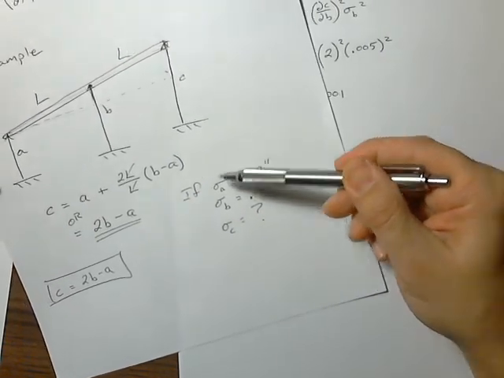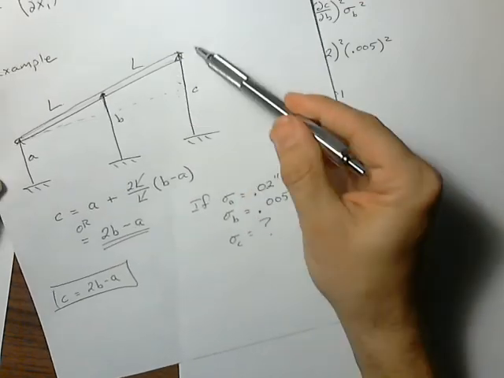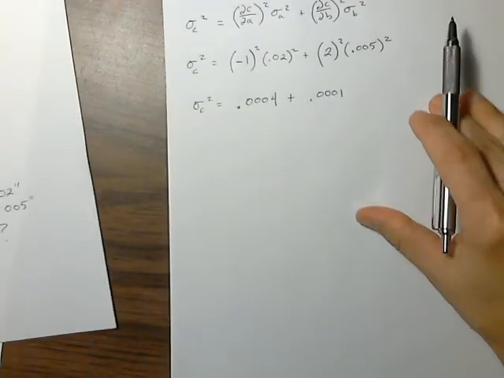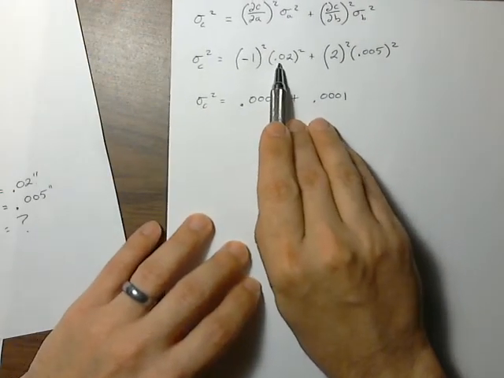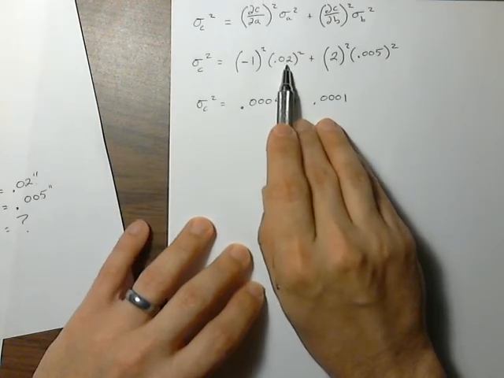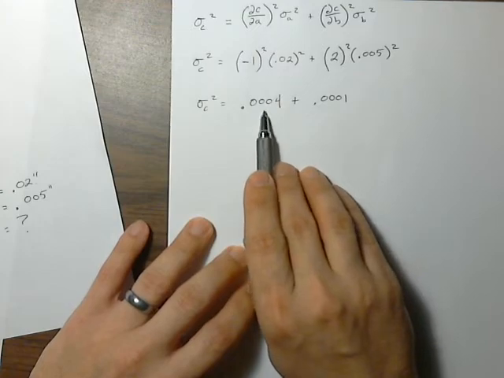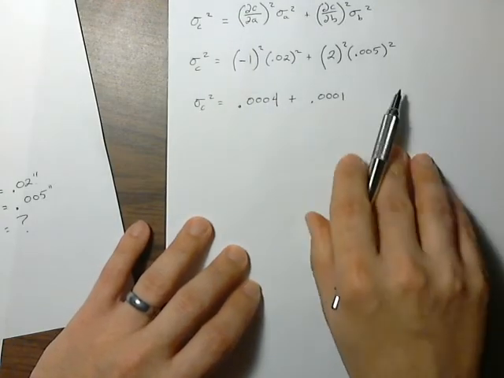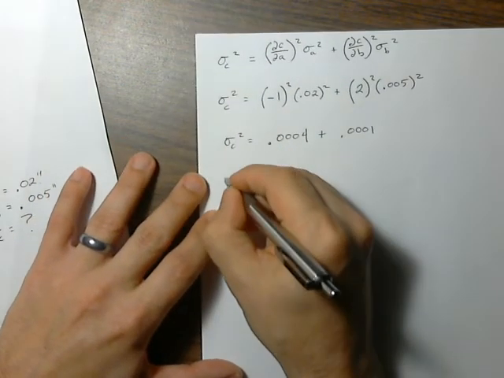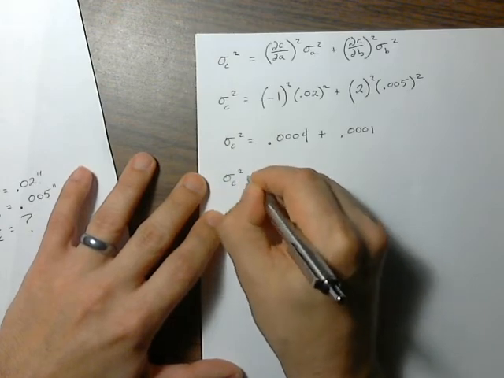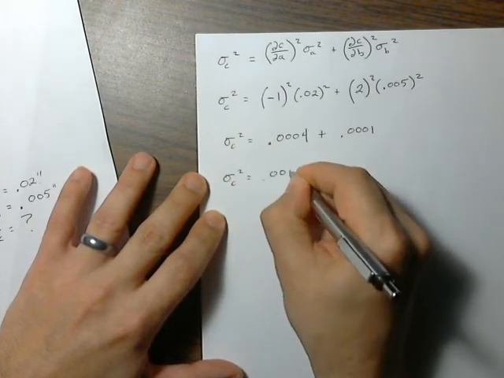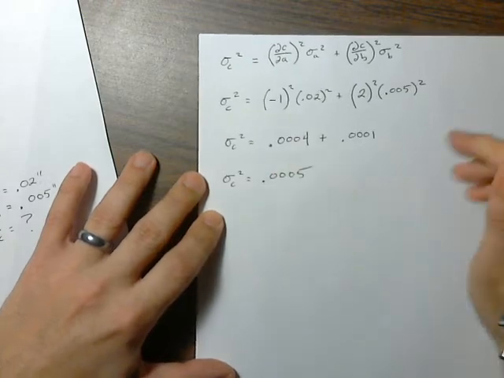As it turns out, yes, B is more important to determining C, but what we see is that because I have such a cruddy joint at A, because the standard deviation there is so high, it contributes way more to the variance in C. So the variance for C turns out to be 0.0005.